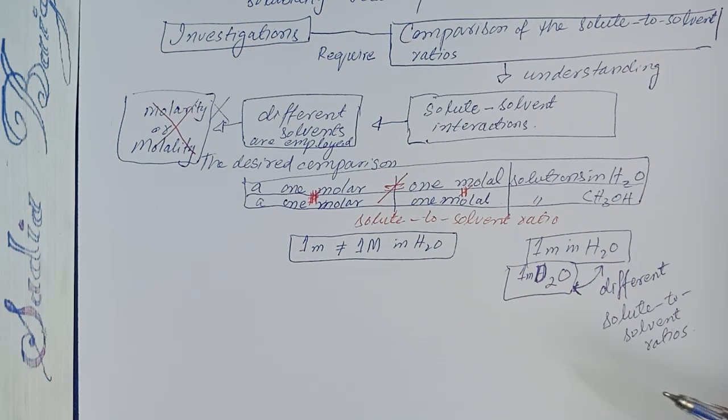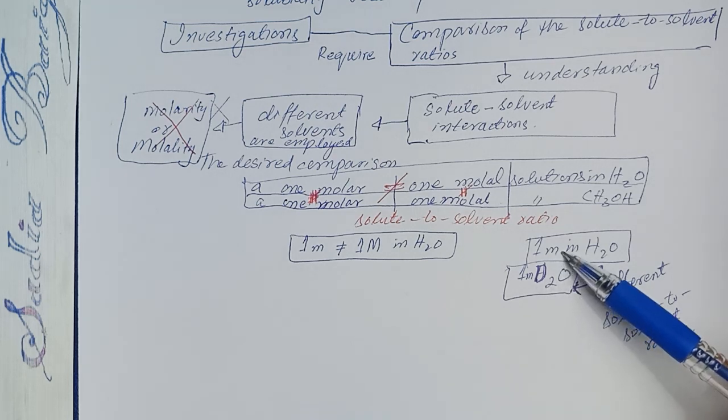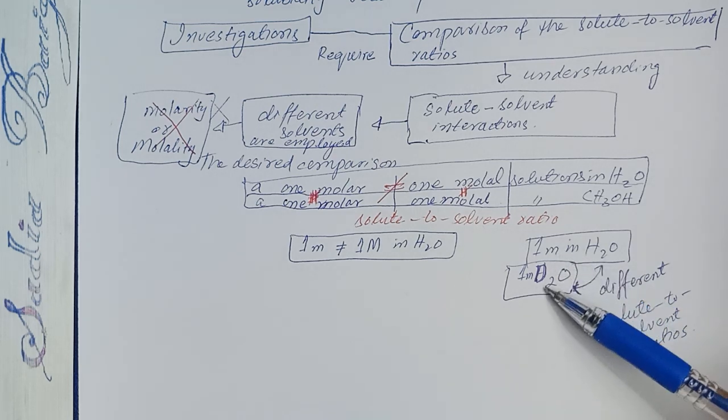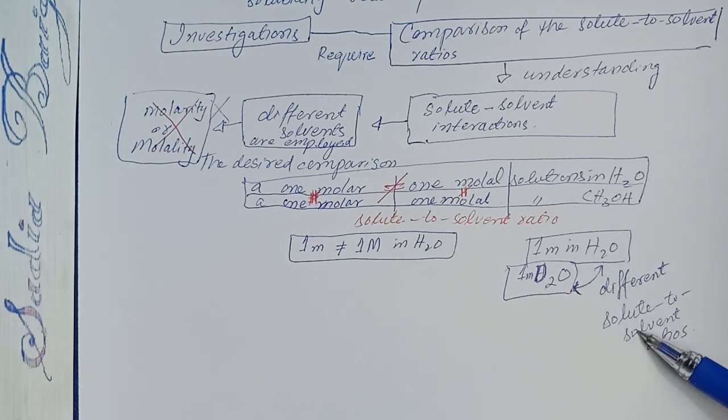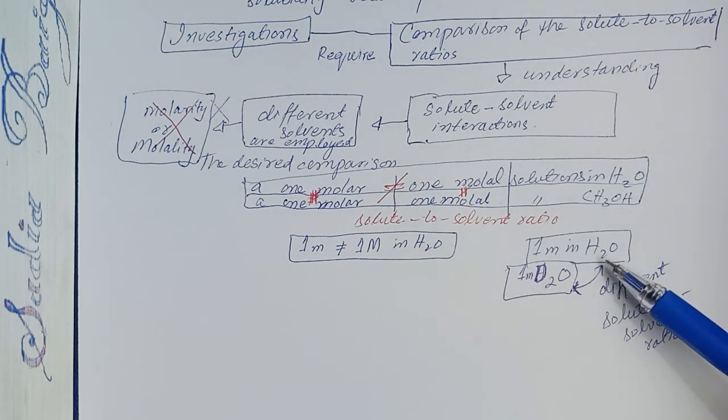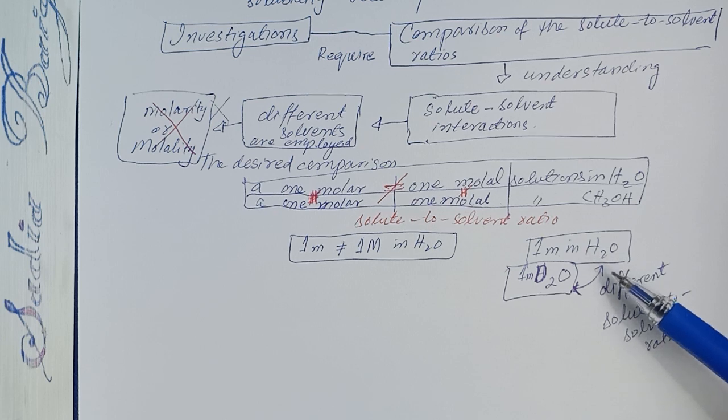Although the two solutes are chemically the same, a 1 molar solution in D2O does not have the same solute to solvent ratio as a 1 molar solution in H2O, even though these two compounds are chemically the same.